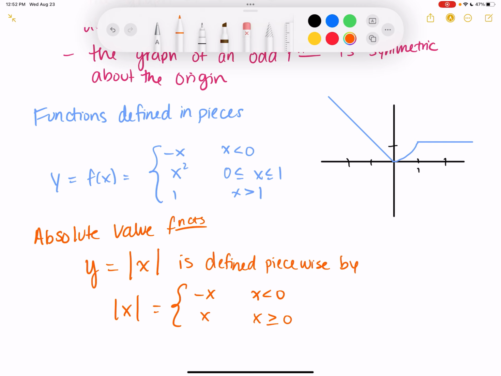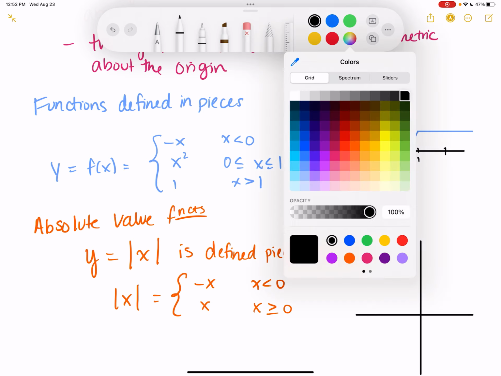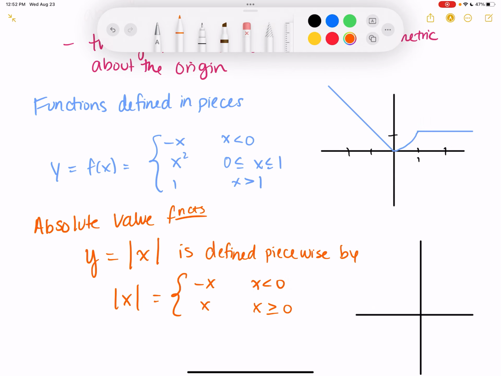So technically, absolute value functions are piecewise functions. And so it's going to look something like that. It's your absolute value function.